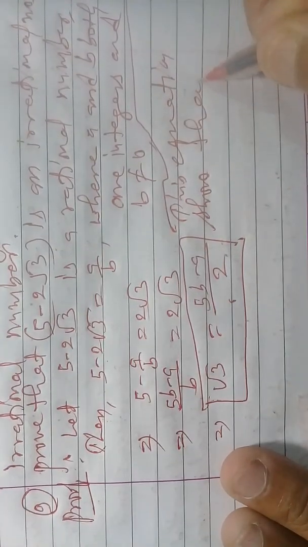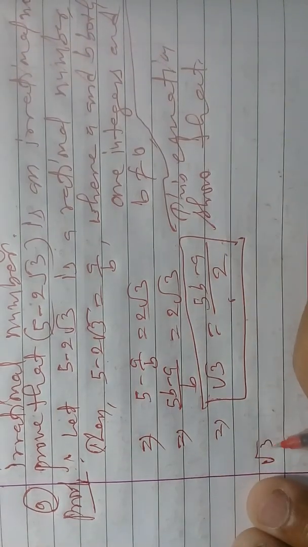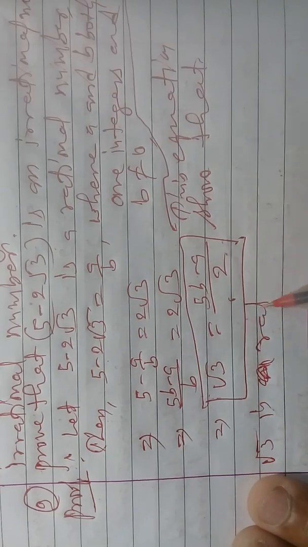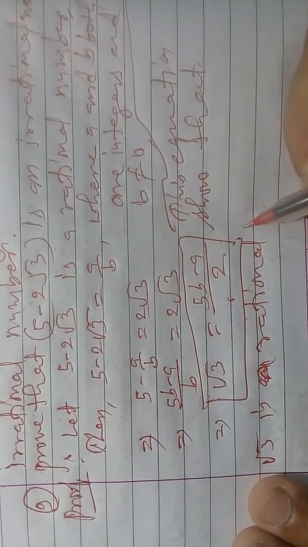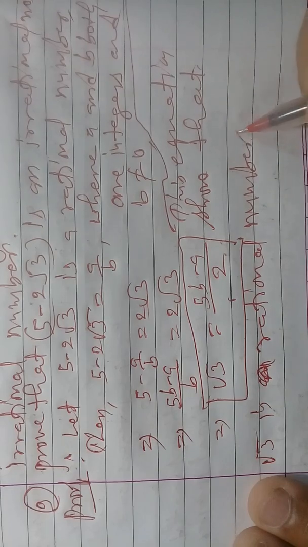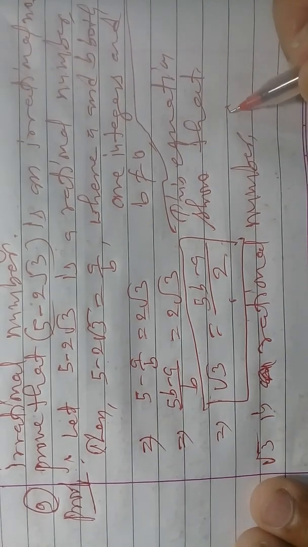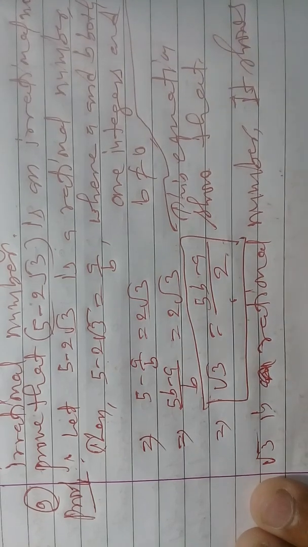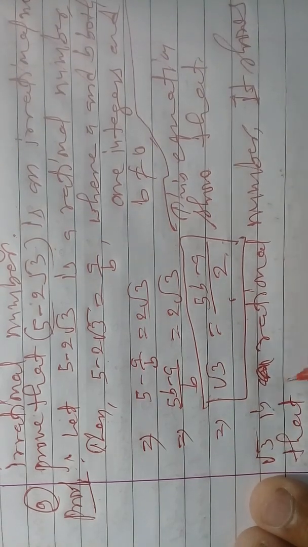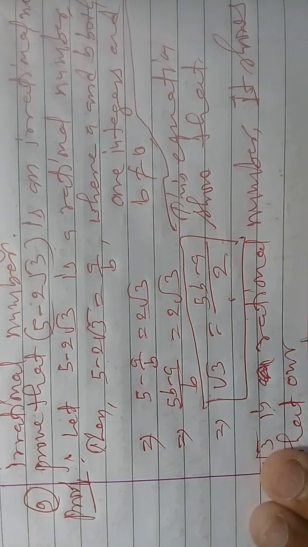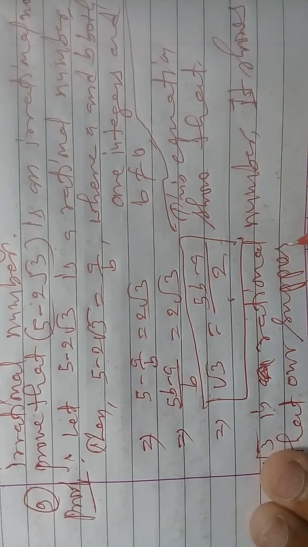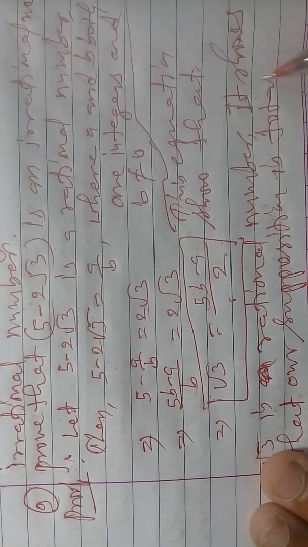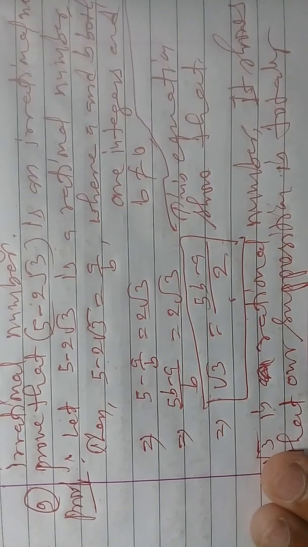This equation shows that root 3 is a rational number. It shows that our supposition is totally wrong.